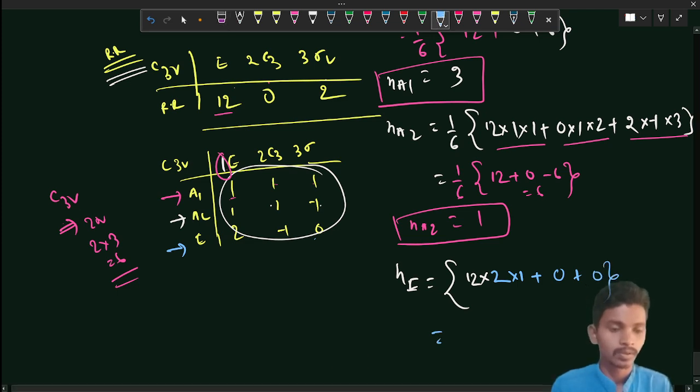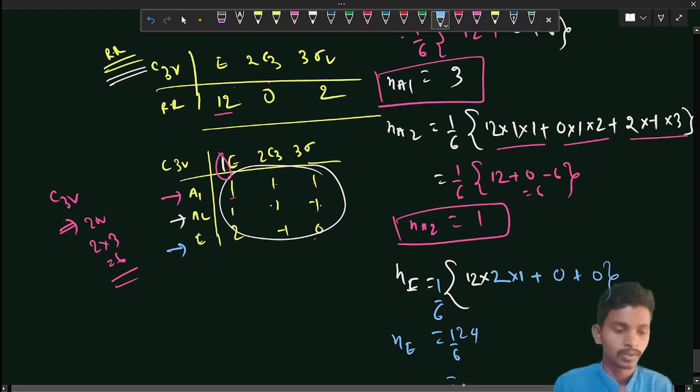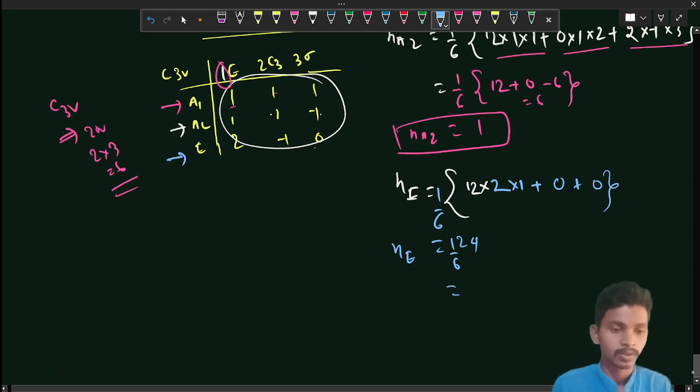Okay, this is again 0. So this is going to give how much, this is 0, this is 0 and this is 12 and 2, that becomes 24 and 1 by the order. So that is going to give 12, 4 jar 24.